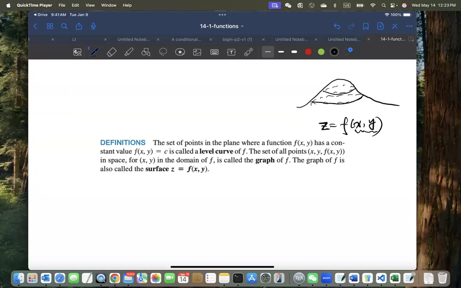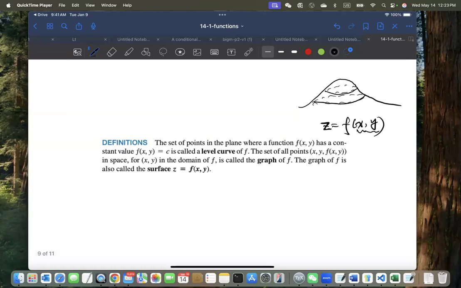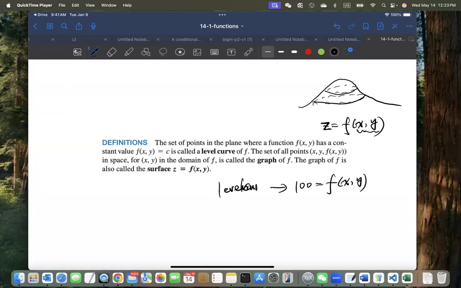Then a level curve, for example 100 equals f(x,y), is a level curve. This is the entire mountain or surface.